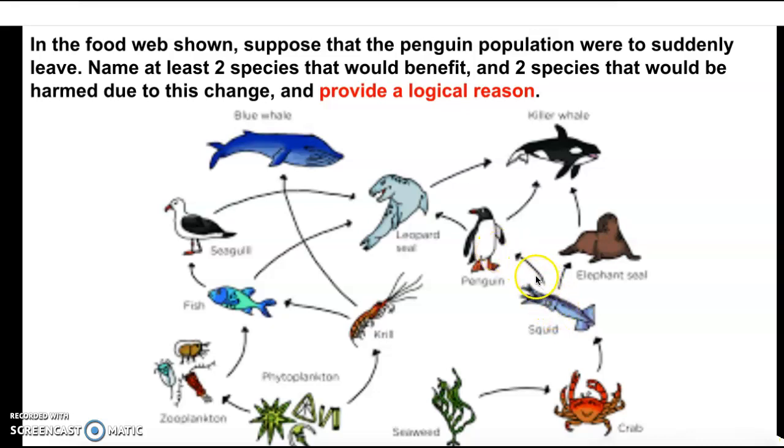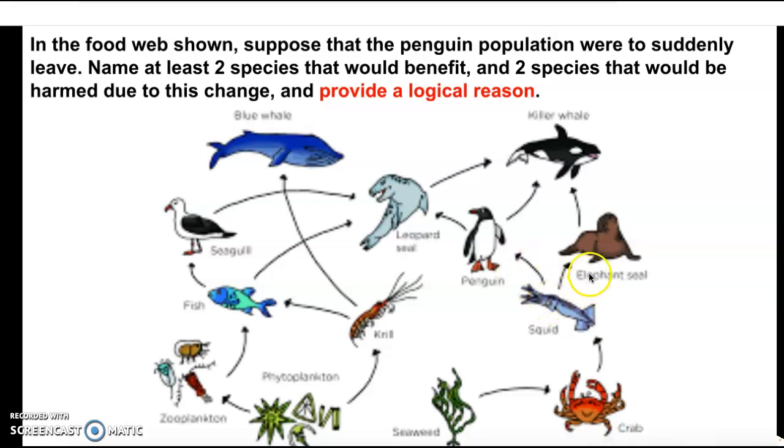That means that the squids normally get eaten by penguins. So if we take away the penguins, then the squid might benefit. The squid population will probably go up because it has fewer predators now. That's my logical reason for why I think the squid population increases.